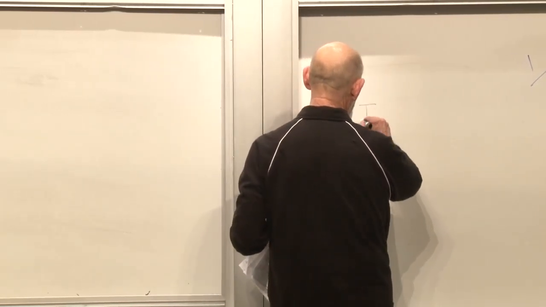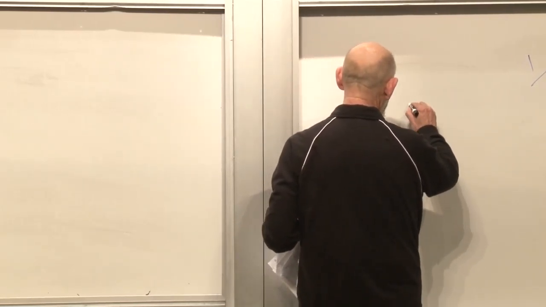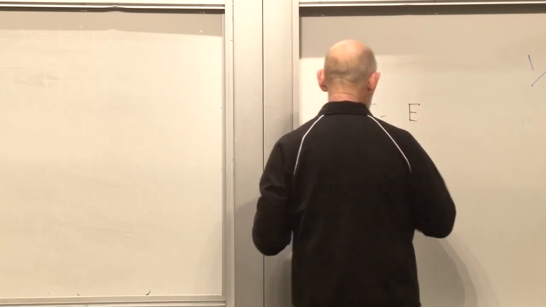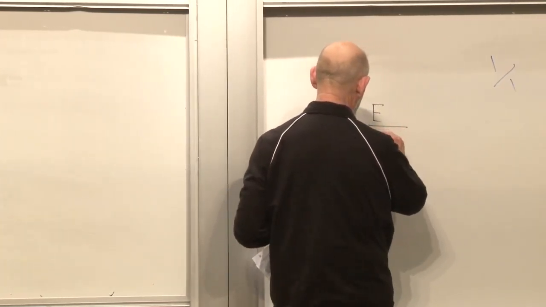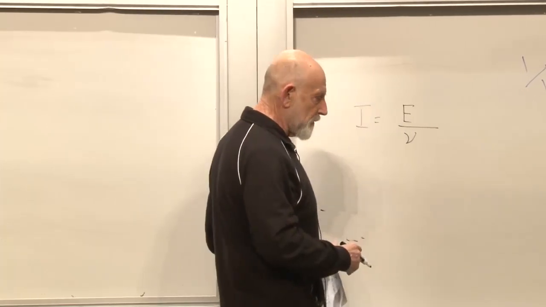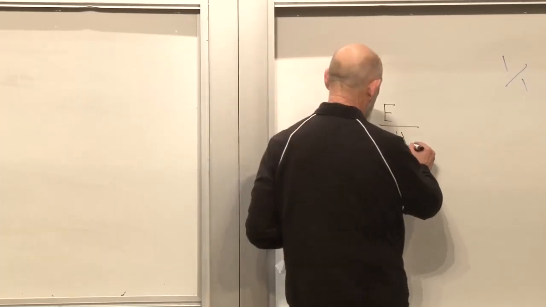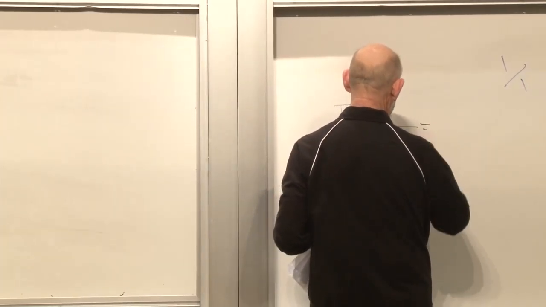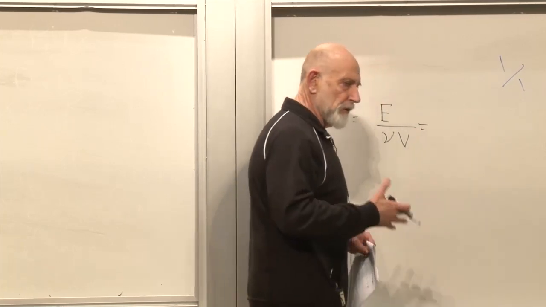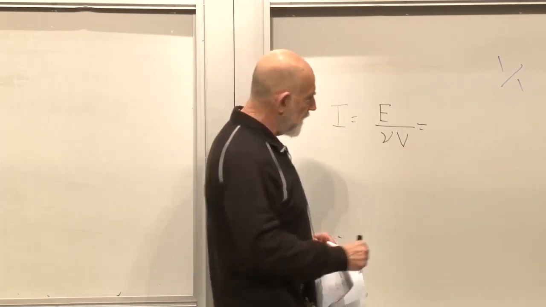I has units of energy divided by frequency, energy per unit frequency per unit volume. And that is energy. What's the units of energy? What did we say energy was?